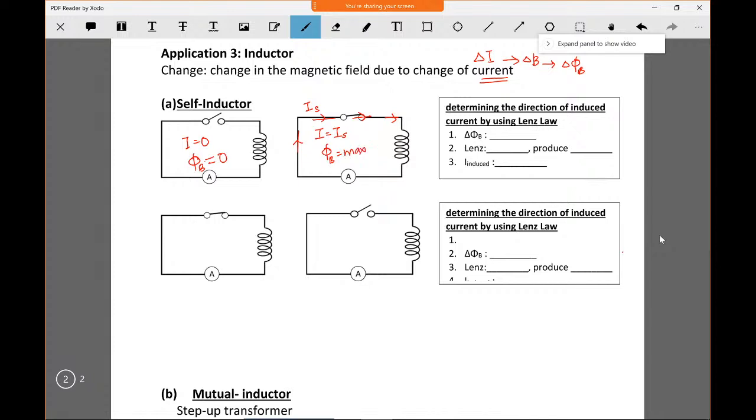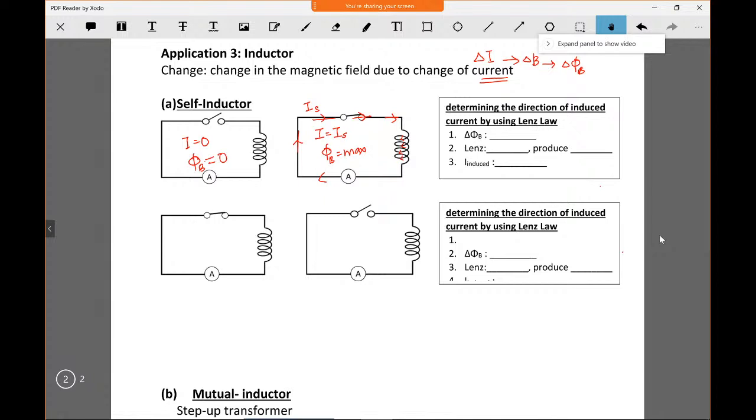When current passes through your inductor like this, there will be a magnetic field passing through your coil.